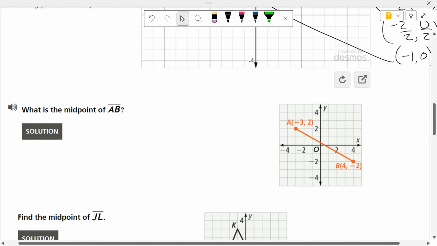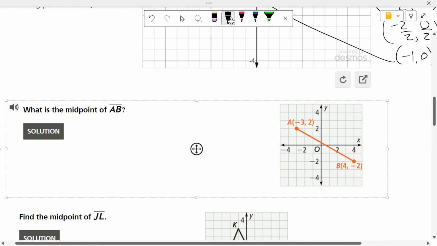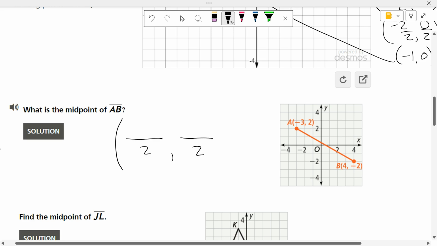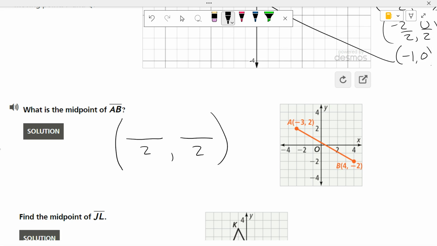So, what's the midpoint of AB? So, using the midpoint formula, what 2 numbers do I put here when I add them up, Elliot? From the picture, what 2 numbers will I put there for my x's? -3 and 4.